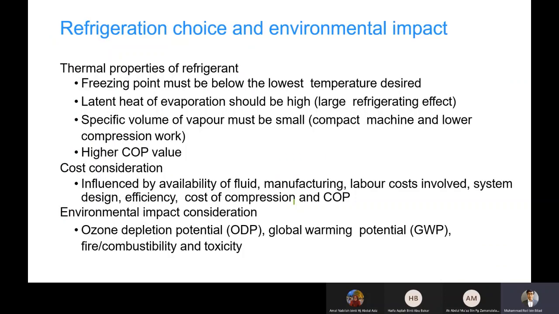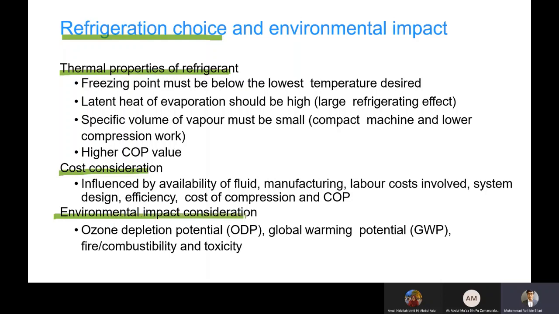I have a few slides left. There are many available refrigerants. But normally we choose the refrigerants based on three things: thermal properties, costs, and environmental impact. The freezing point must be below the lowest temperature we want.